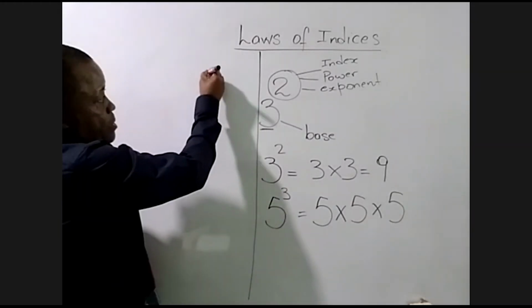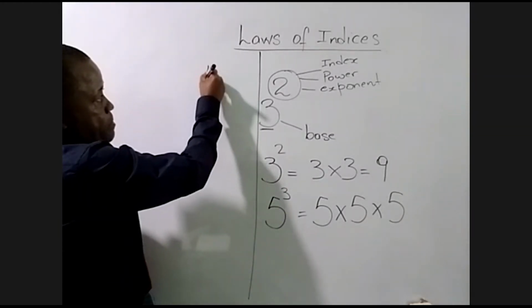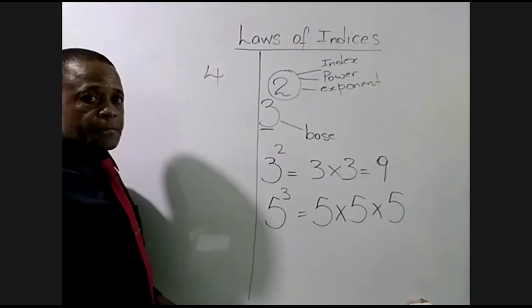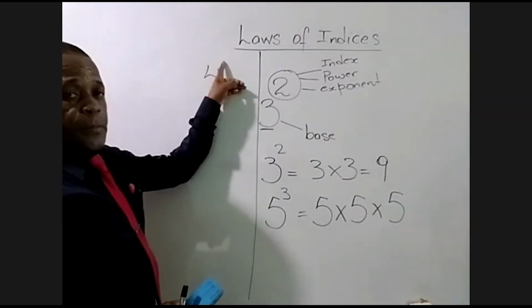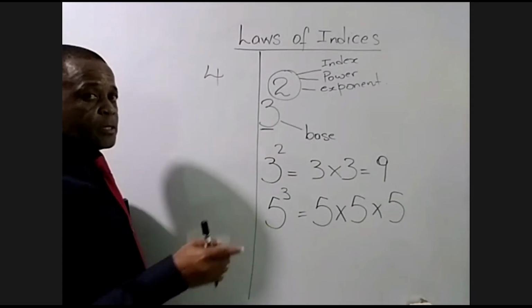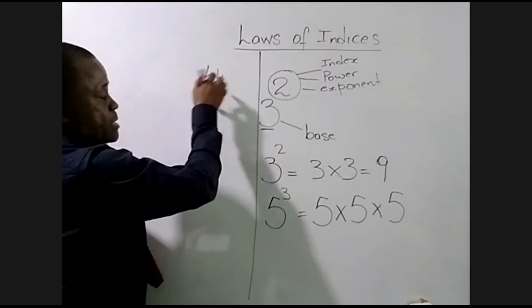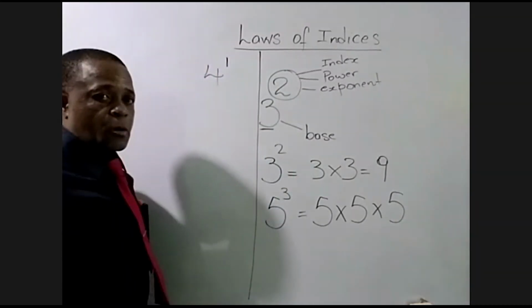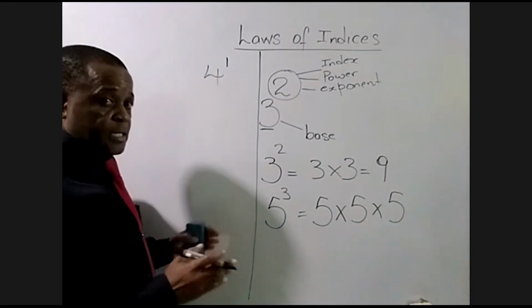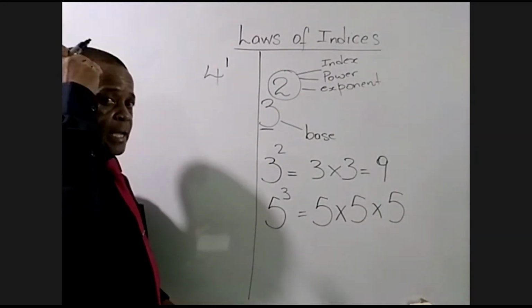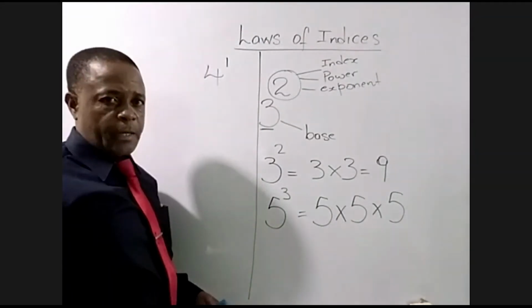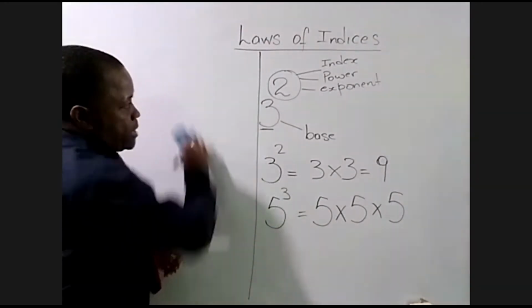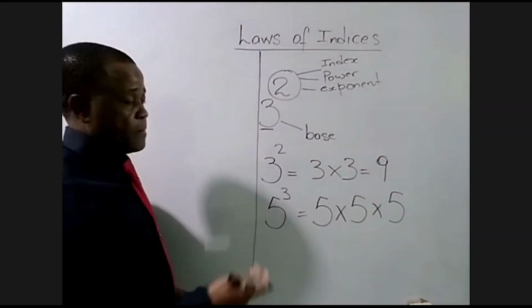Now, if I write a number, say the number 4, when you look at that, you're not seeing any power up there. But what you need to understand is that a number written like this, the power becomes 1. So even though you're not seeing it, with your mind's eye, you must know that the power up there is 1. All right? Now we're going to write some numbers in their index form.